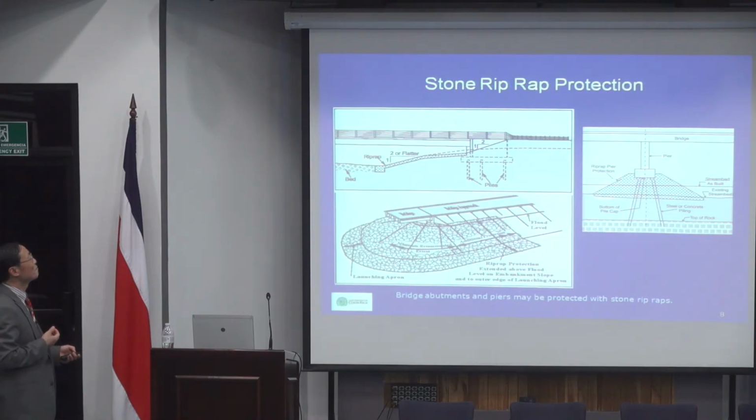You need to provide sufficient riprap to get deeper than your total scour. Total scour is the 3 components we discussed. Once you do that, the water will not be able to go underneath to wash out materials.